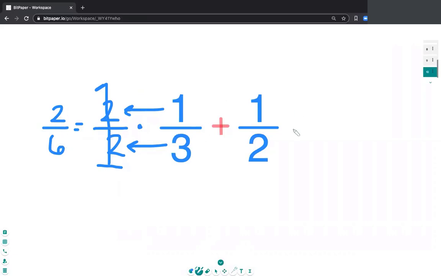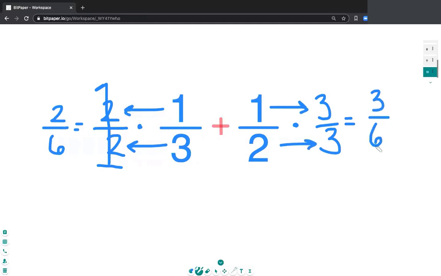I'm going to do the same thing to the 1/2. I'm going to multiply the 1/2 by 3/3. I got the 3/3 from the denominator of the fraction I'm adding to the 1/2. So multiply across 1/2. 1 times 3 is 3. 2 times 3 is 6. Again, any number over itself is a quantity of 1 or a copycat 1.